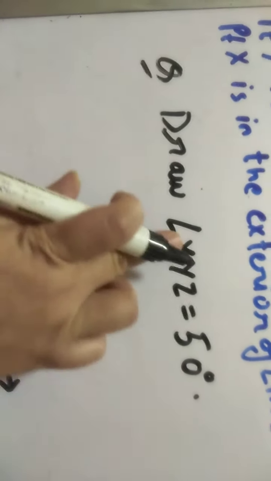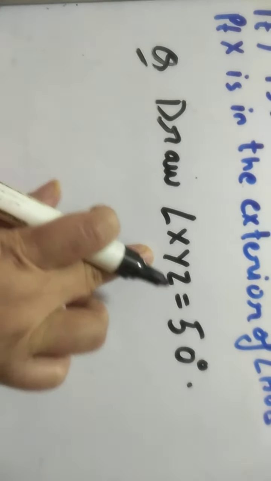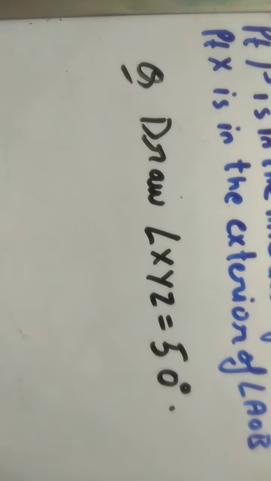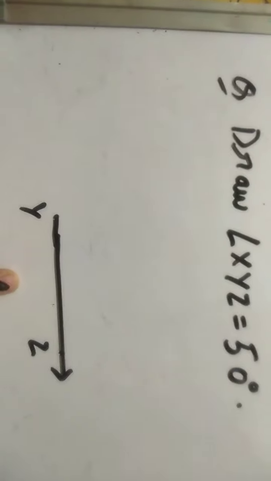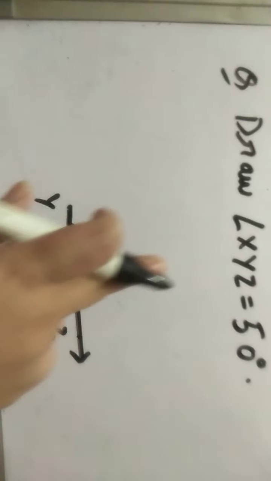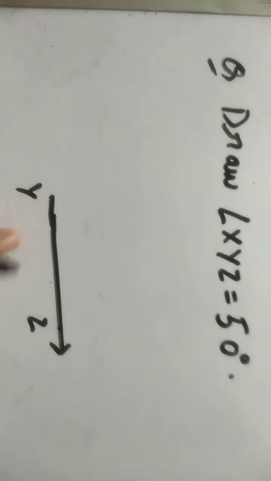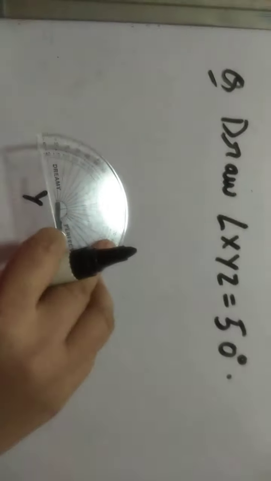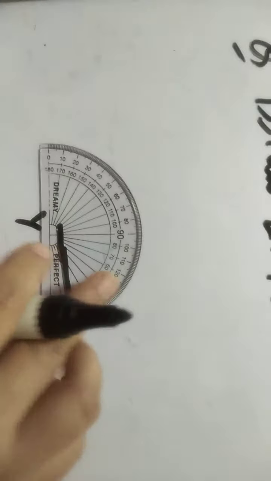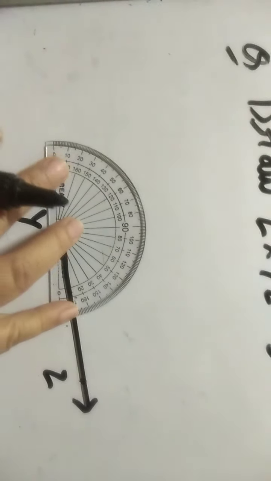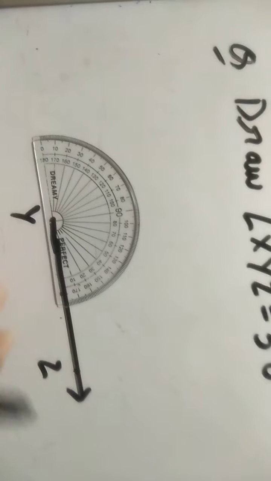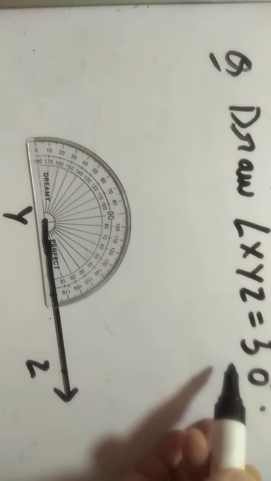Okay, now the angle is XYZ. So the name of this ray will be YZ, because the vertex will be Y. Now we will keep our D over this YZ, and you know how to place it. This intersecting point should be on it clearly like this, and then we will see where 50 degrees is.